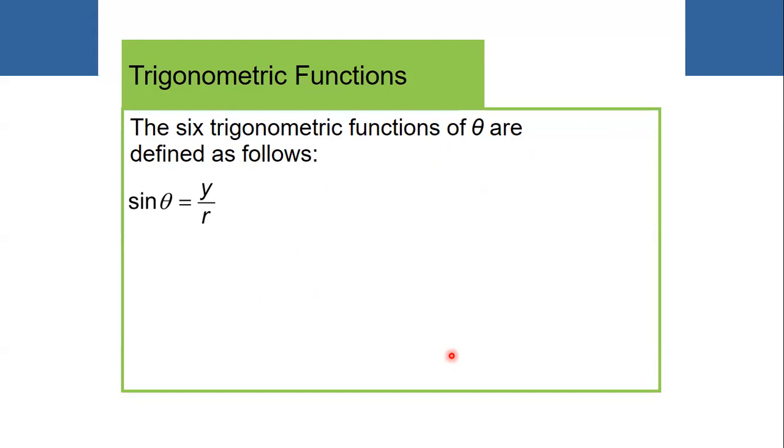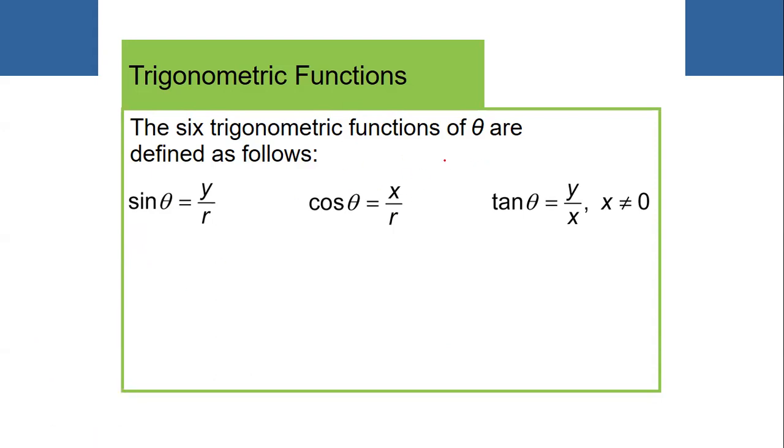These are all circular motions, which means there's a radius: the distance from the center, your origin, to the point. So sine theta is y over r. Cosine theta is x over r. And tan theta is y over x.